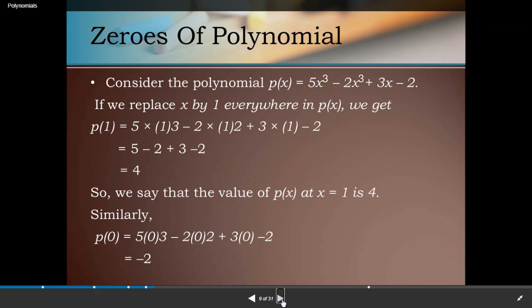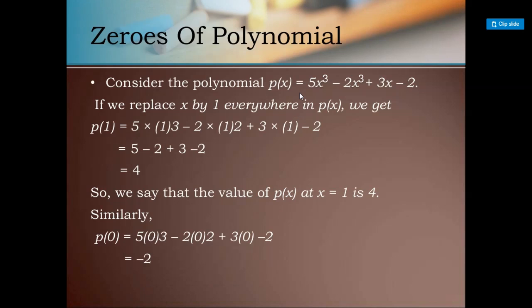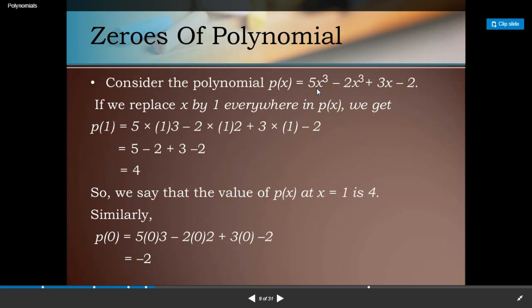So now we learn about zeros of polynomial. Now let polynomial p of x be 5x cube minus 2x square plus 3x minus 2. Here, if we replace x by 1, wherever x is there, we get p of 1 equals 5 into 1 cube minus 2 into 1 square plus 3 into 1 minus 2.